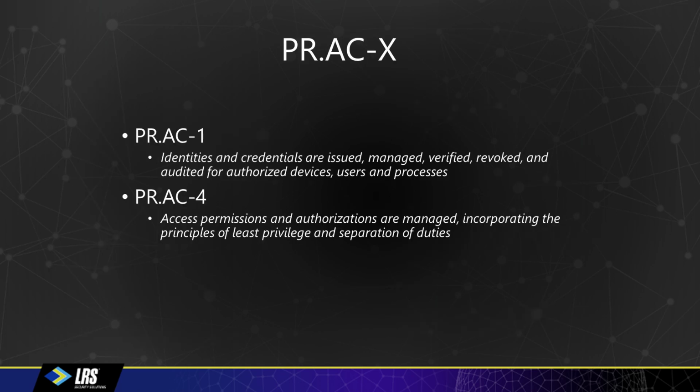Looking at the PR.AC category, we'll get into everything in this category, and we're not going to touch on them all today. I think we've established that. But when we get into this AC category, we get into everything from access control via network segmentation all the way to identity and authentication controls.